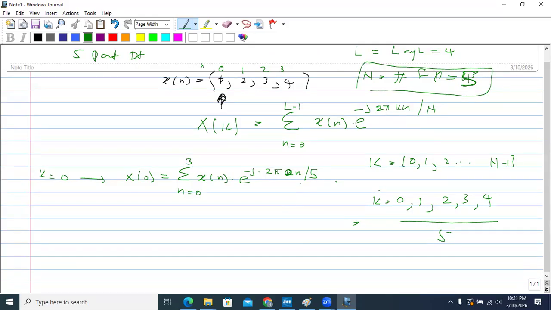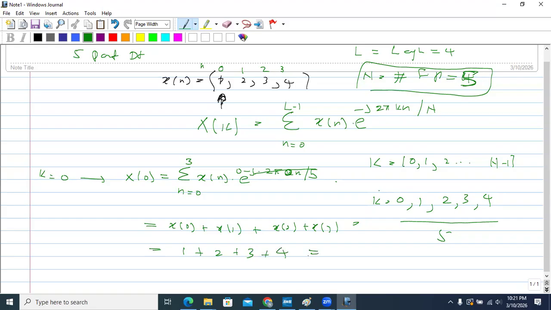Anyway, this is multiplied by 0, so the whole term will become 0. So you will have x0 plus x1 plus x2 plus x3. x0 means 1, x1 means 2, x2 means 3, x3 means 4.